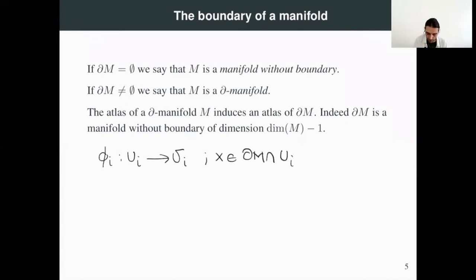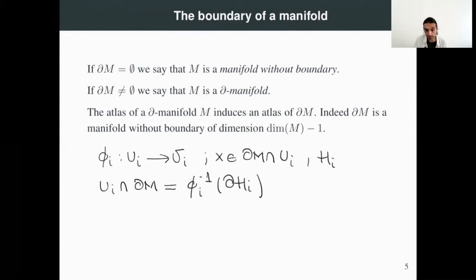What happens is that we also have a half space such that the intersection of U_i with the boundary of M is just the preimage by phi sub i of the boundary of the half space, right?